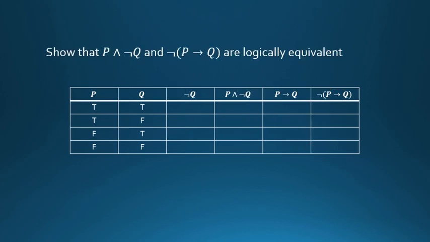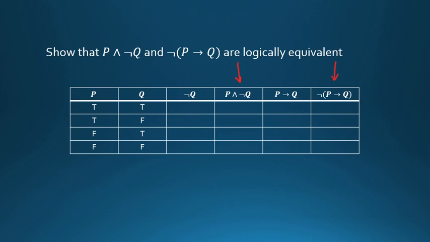Another one here, let's show that P and not Q and the negation of P implies Q are logically equivalent. So what we're looking to see in the end is that these 2 columns here have the same truth values no matter what P and Q are doing over here on the left-hand side.